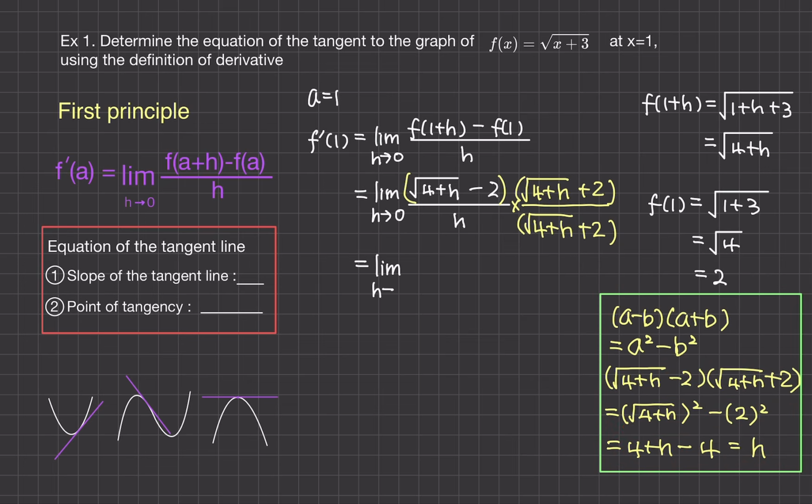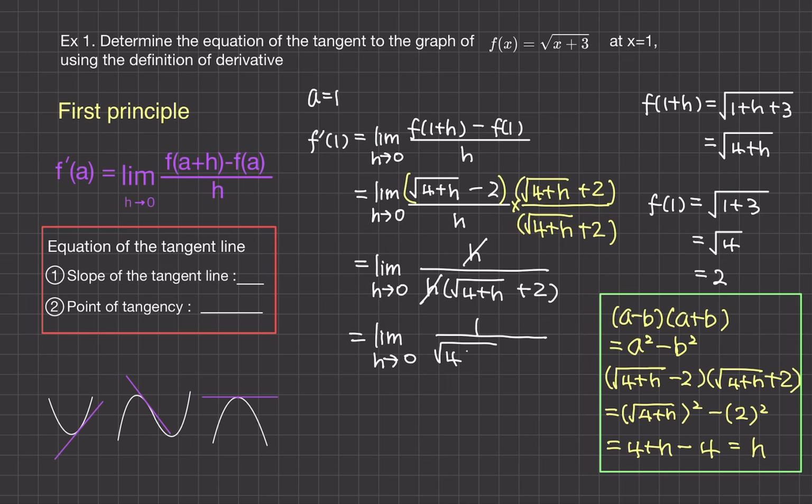So the expression is limit as h approaches 0, h over h times square root 4 plus h plus 2. We have h in the numerator and the denominator, so we can cancel them out. The expression becomes limit as h approaches 0, 1 over square root 4 plus h plus 2.